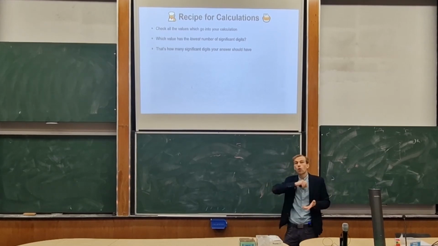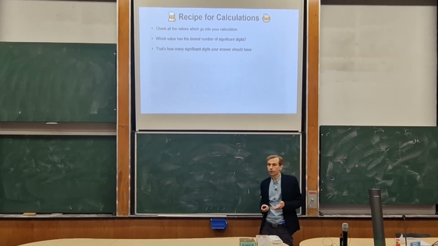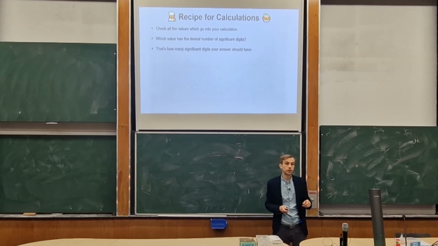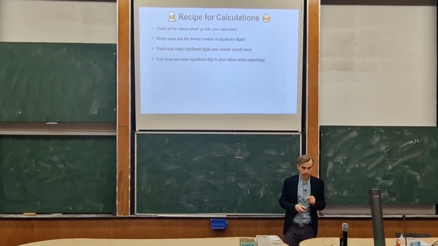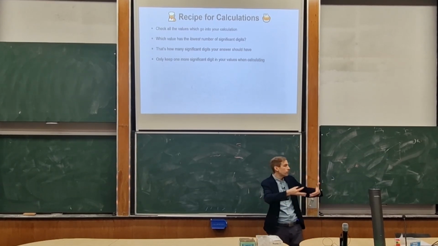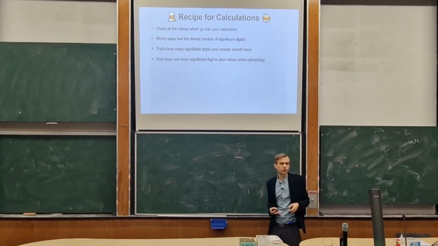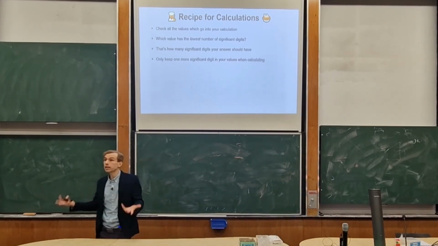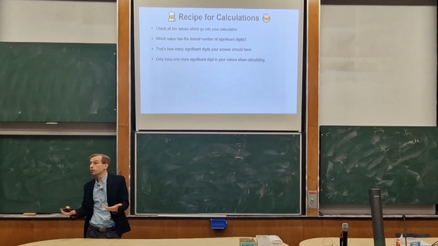Once you know this, when you're working through your calculation, only keep one more significant digit in your values. Later on, if you're working on computational physics or stochastic simulations, you might need to keep many more digits in your values that you're calculating.